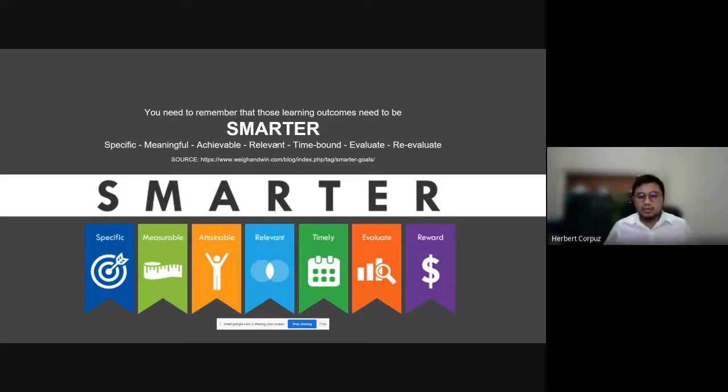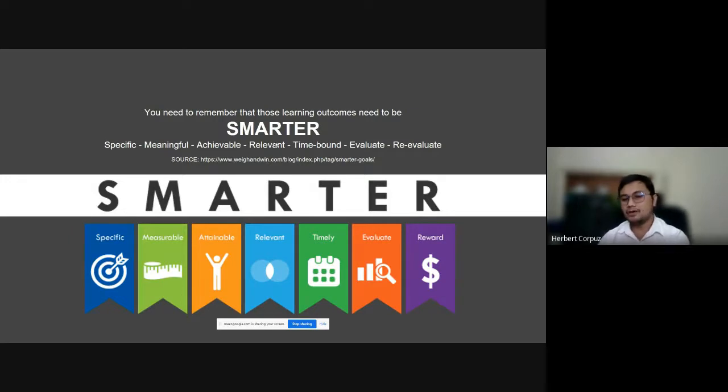But for learning outcomes, they have to be SMARTER, with the additional letters E and R. As for Specific, they have to be very specific. That's why we have to make use of specific action verbs. When we write our learning outcomes, they have to be meaningful. Meaningful here has two meanings: it's Meaningful or Measurable.